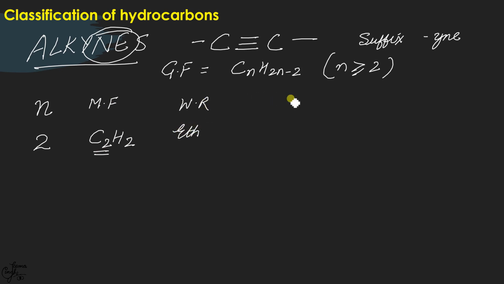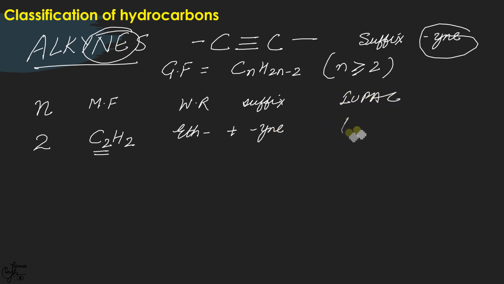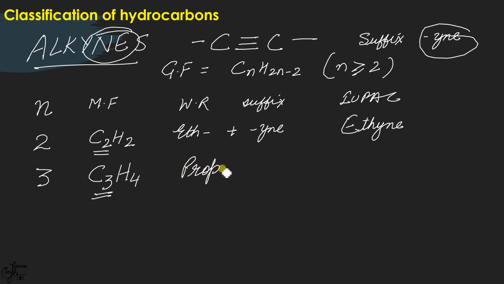And your suffix, as already stated, is going to be yne, and your IUPAC name is going to be Ethyne, also commonly called acetylene. So if you have 3, C3H4, right? 3 carbon atoms, it's going to be prop plus yne, and it becomes propyne. I am sure you can do it until 6 yourself.